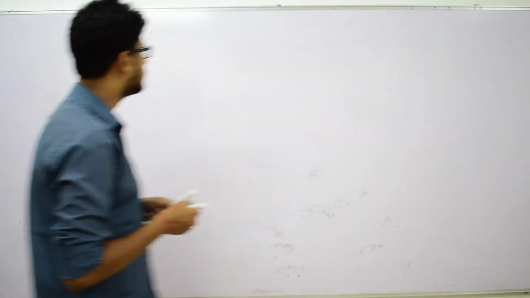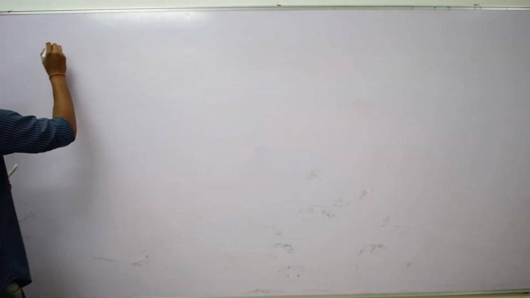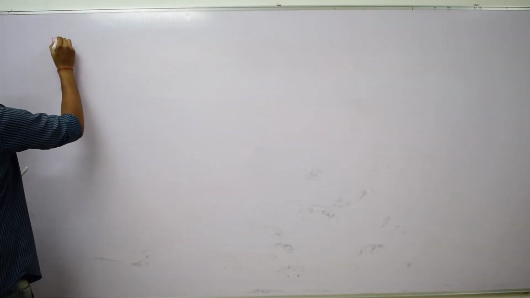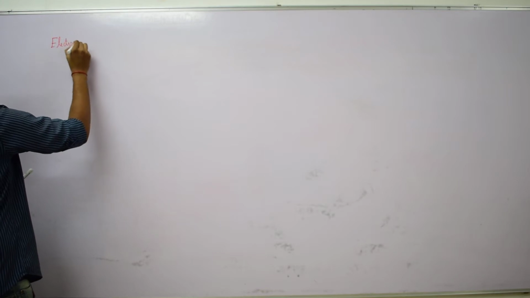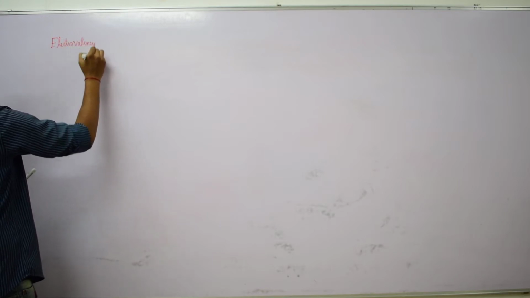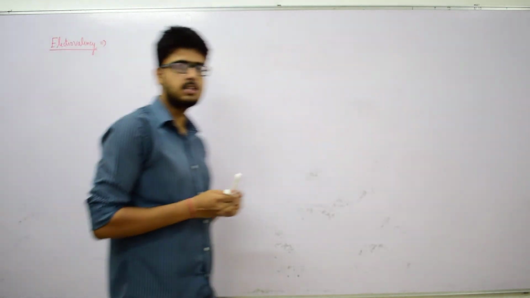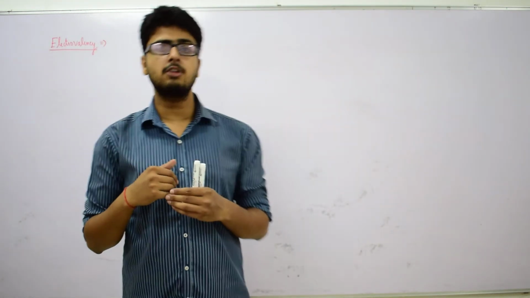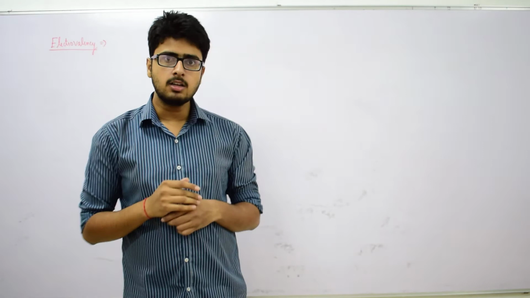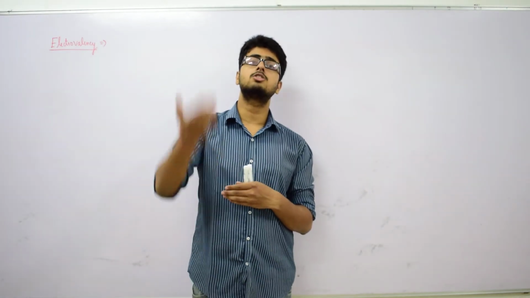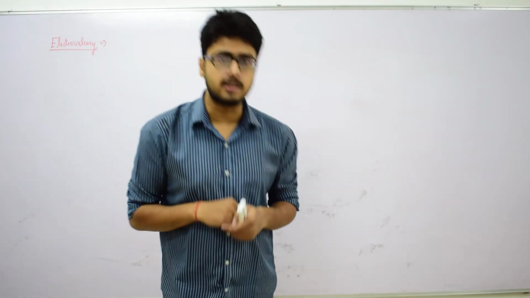Now the next topic we have to discuss is electrovalency. Electrovalency is defined as either the number of electrons donated by the metal or the number of electrons accepted by the non-metal.